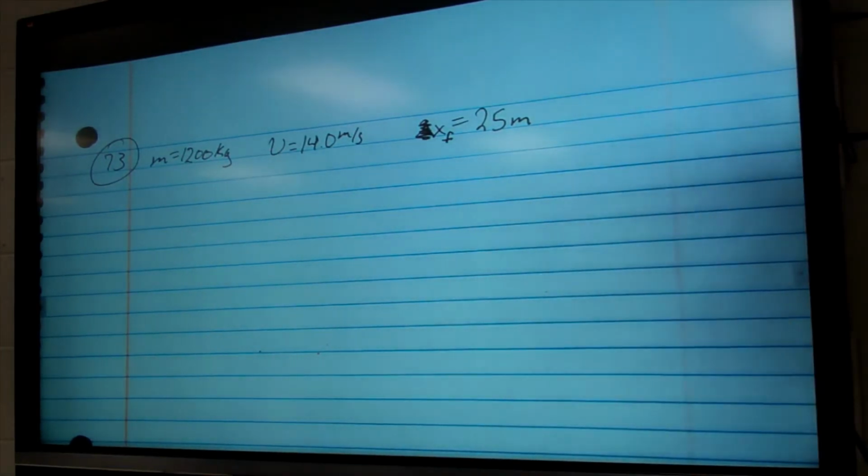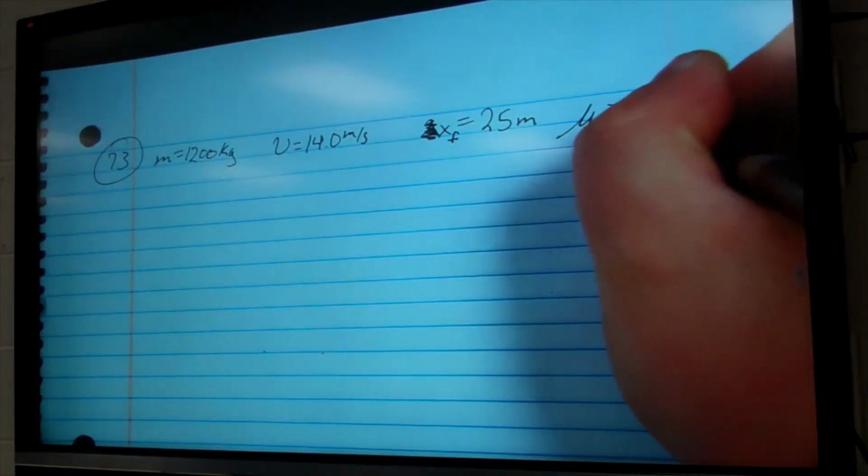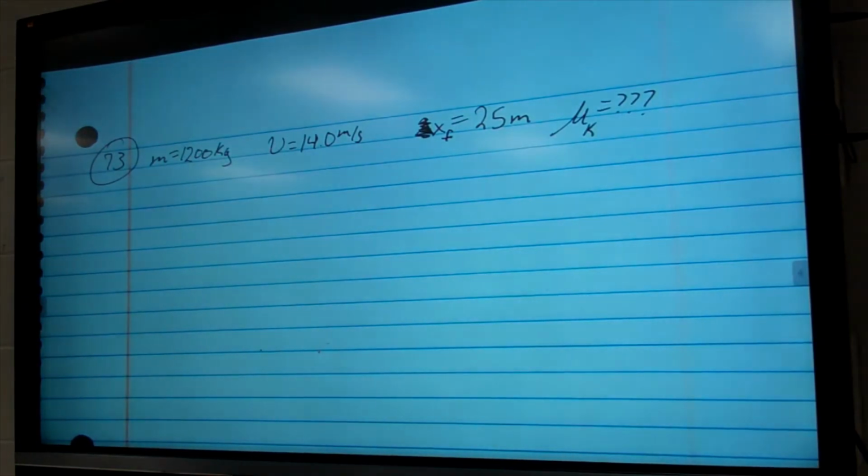What is the coefficient of kinetic friction between your tires and the road? So we're trying to find mu K. What pieces of information have you been given?